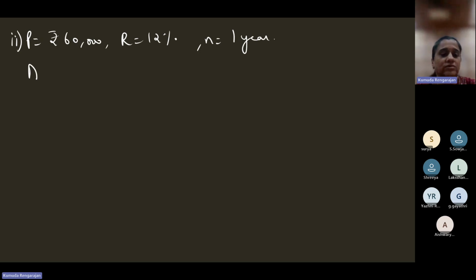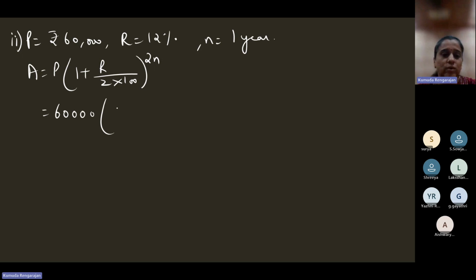All right, amount is equal to P into 1 plus R by 2 into 100, because interest is compounded half yearly, to the power 2n. 60,000 into 1 plus rate 12 by 2 into 100 to the power, n is 1, so 2 into 1.